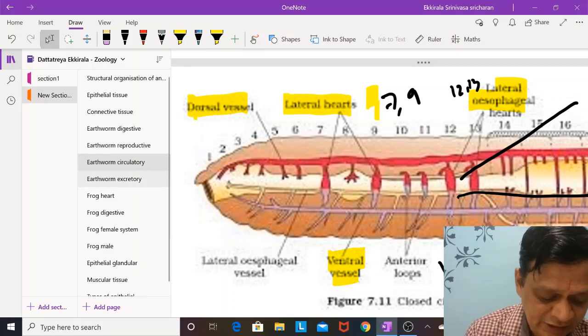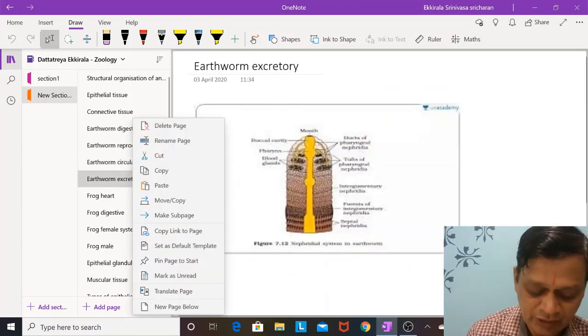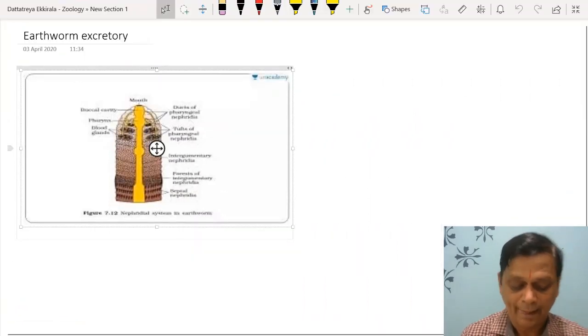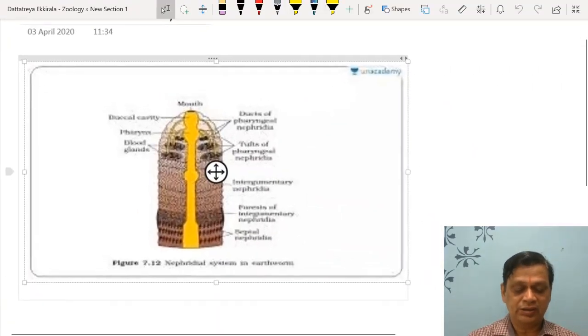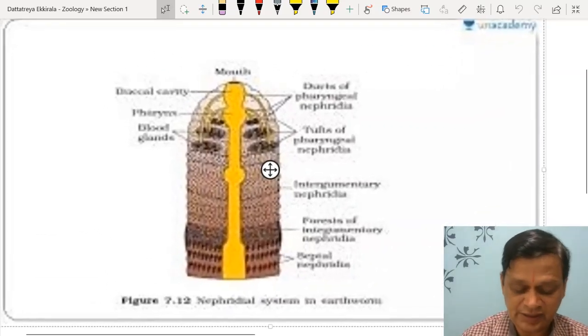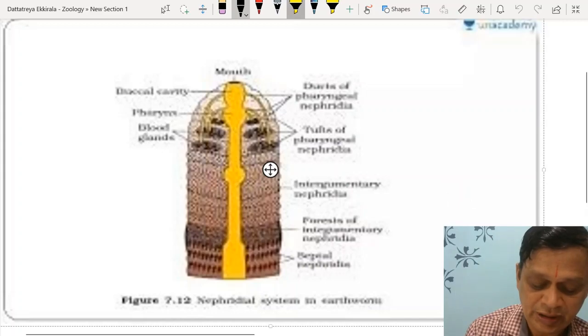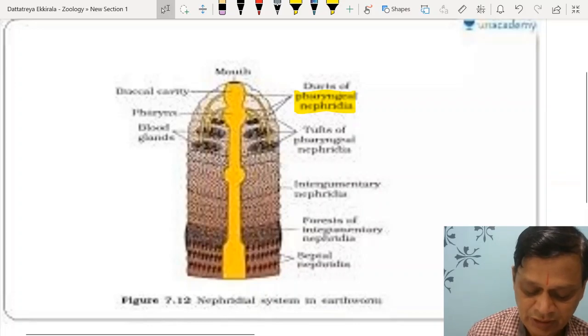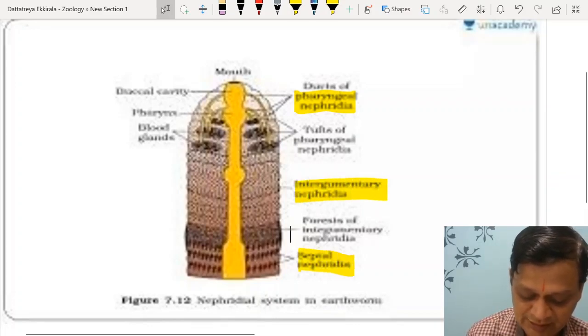Then excretion in earthworm is carried out by different types of nephridia. There will be 3 varieties of nephridia: pharyngeal nephridia, then integumentary nephridia, and then septal nephridia.